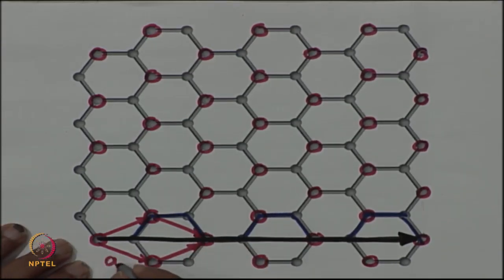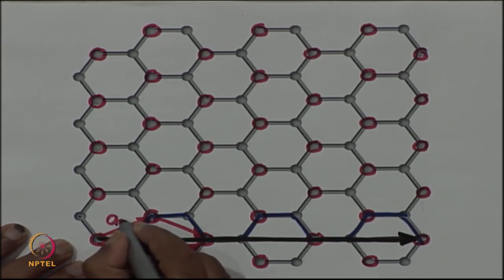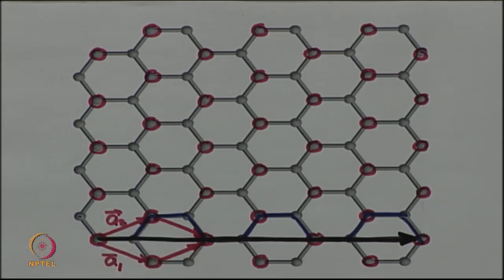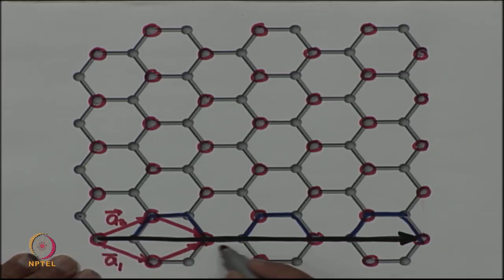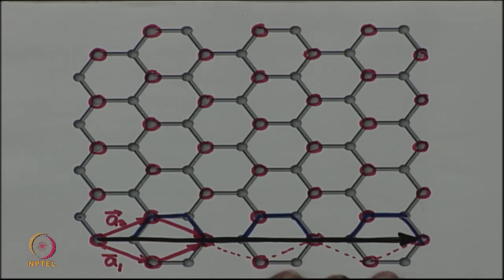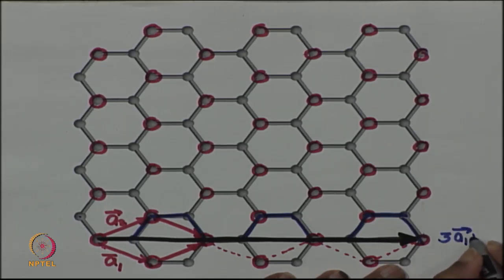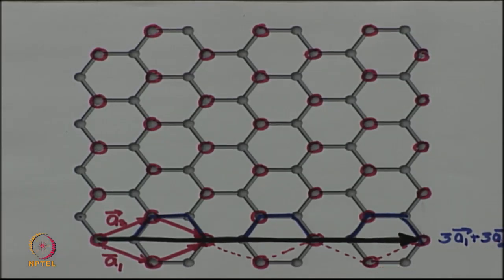So, if this is my A1, this is my A2, you can see that this chiral vector which I have now marked will be 1 A1 plus 1 A2, then 2 A1 plus 2 A2, 3 A1 plus 3 A2. The one which I have drawn out is 3 A1 plus 3 A2 in terms of these A1, A2 vectors.